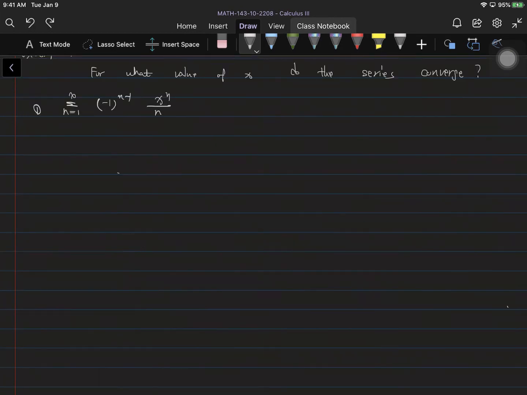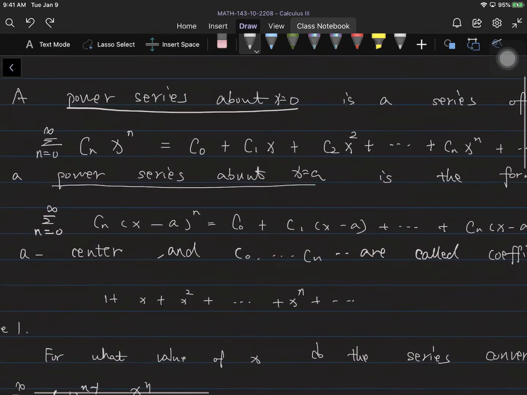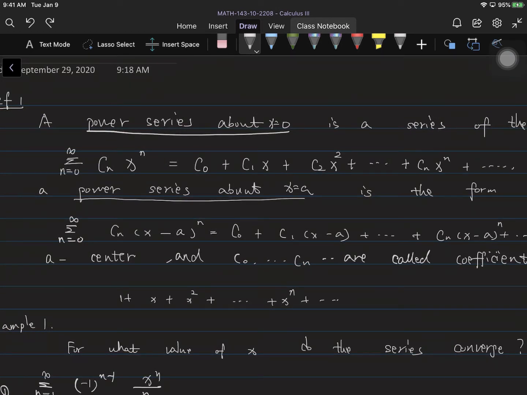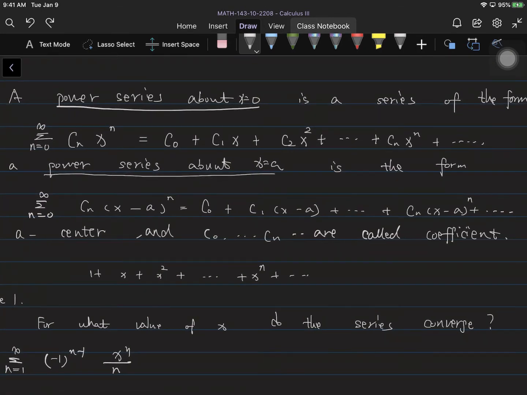More generally, a power series about x equals a is a series of this form. You just change x into x minus a in the series, so all the terms have x minus a.